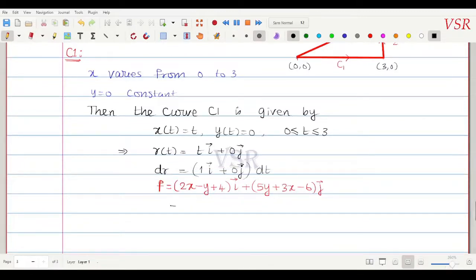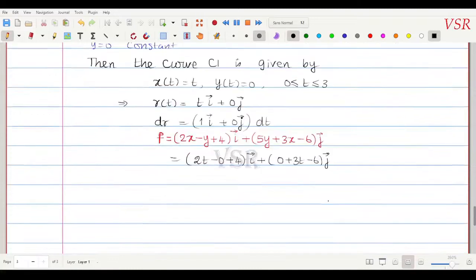So what we are having, x is equal to t, y க்கு பதிலாக 0. அப்போ this is 2t minus 0 plus 4 times i vector, plus y க்கு பதிலாக 0, அப்போ 0 plus 3t minus 6 into j vector. Okay, அப்போ that is equal to 2t plus 4 into i vector plus 3t minus 6 into j vector.